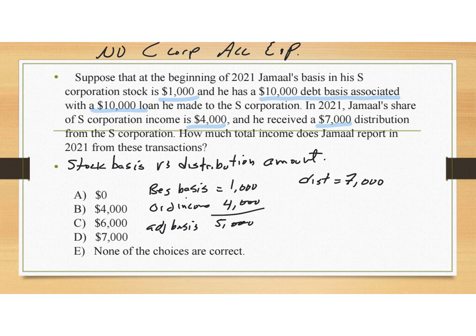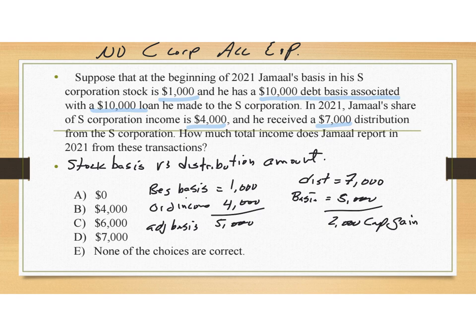And our adjusted basis was 5. So as a result of that distribution, we're going to have $2,000 of capital gain because our distribution was larger than our stock basis.